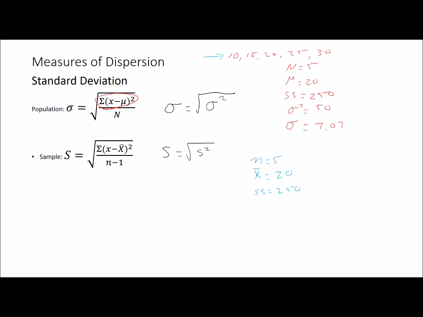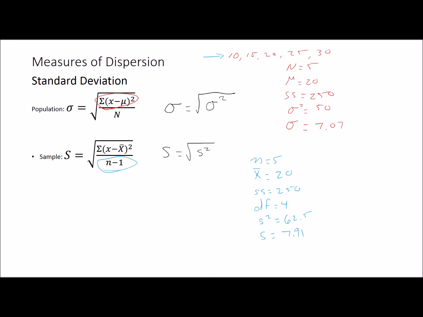We had degrees of freedom, right? This calculation in here. So the degrees of freedom would equal 4, which gave us a variance equaling 62.5, which gives us a standard deviation, once we take the square root, of 7.91. So as far as the calculation goes, that's standard deviation.